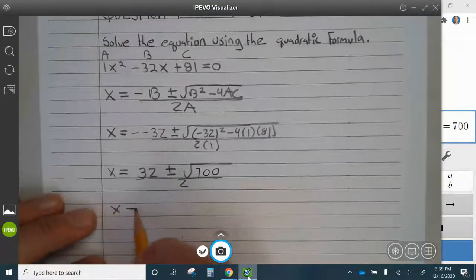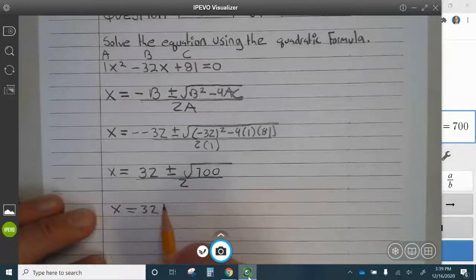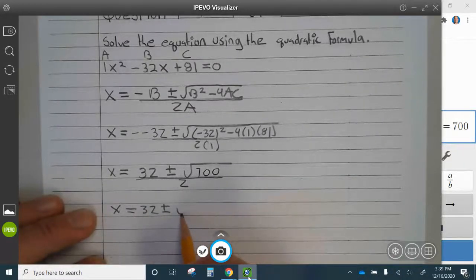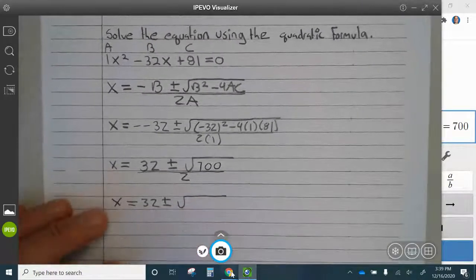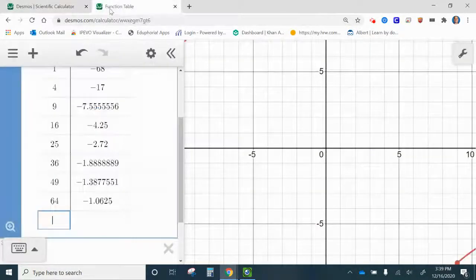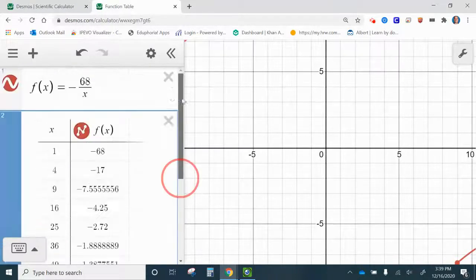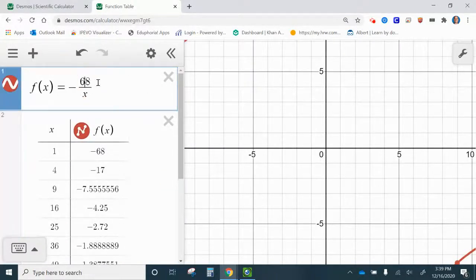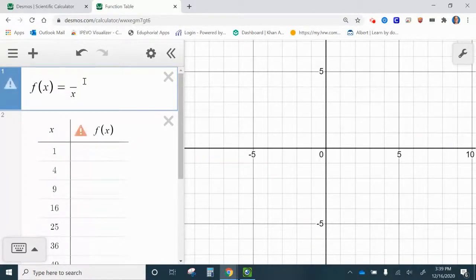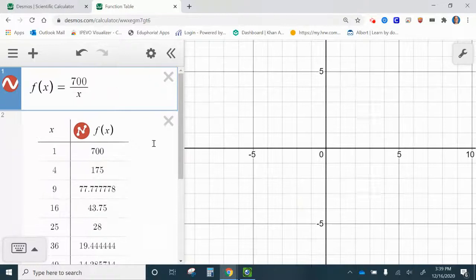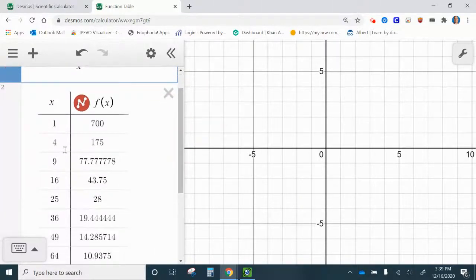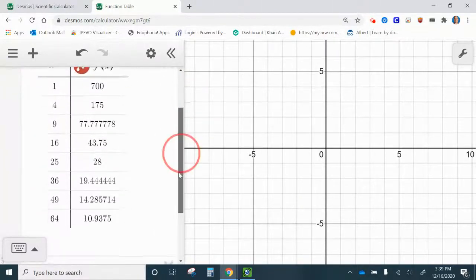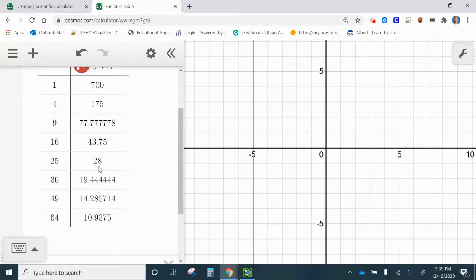So then x equals 32 plus or minus. Let's see if we can reduce 700 by a perfect square. So a quick trick here, not trick so much, but to save some time, is change this to 700. And so 4 works, but it looks like 25 can go further.